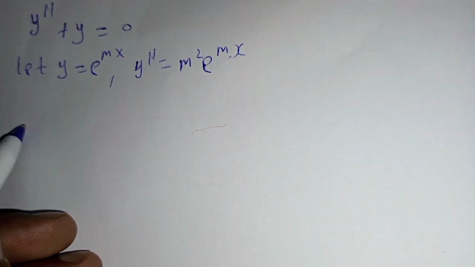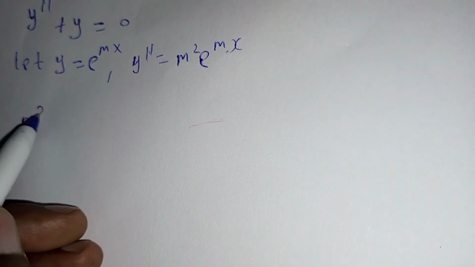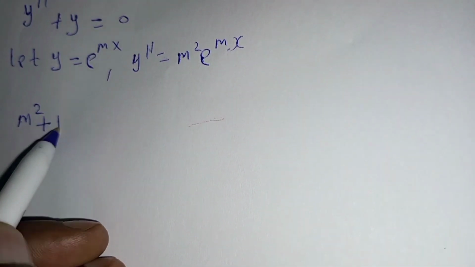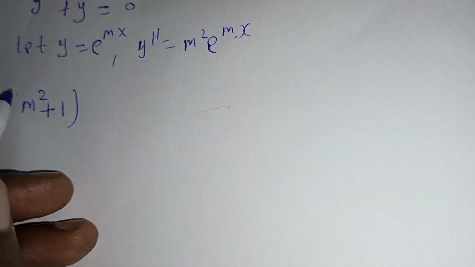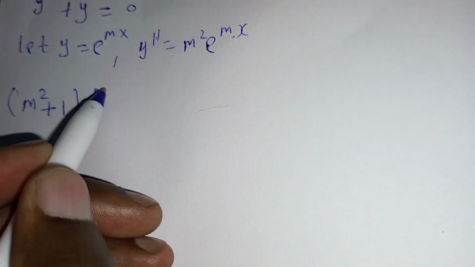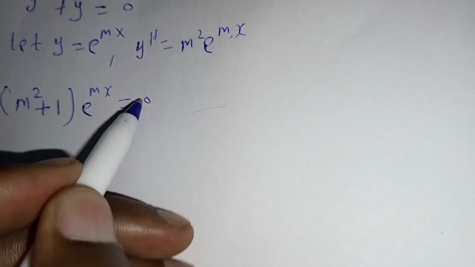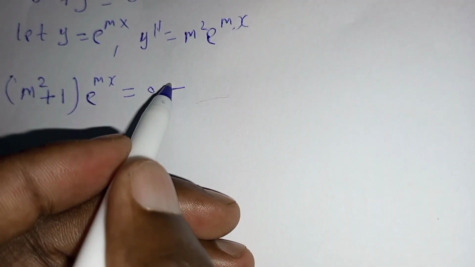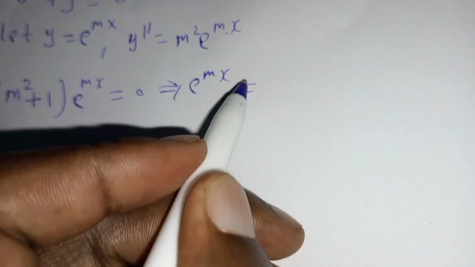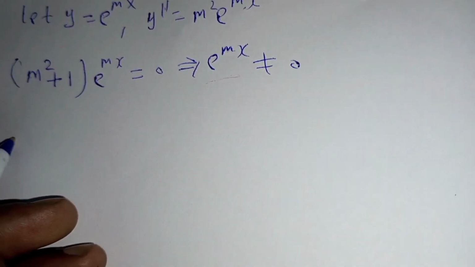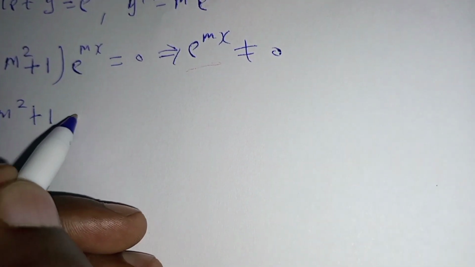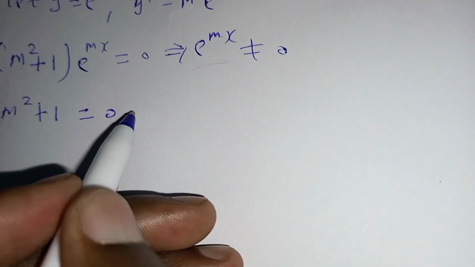Instead of y double prime, we write m squared plus 1 into bracket exponential mx. This is equal to 0. Now, in this case, exponential mx can never be equal to 0, meaning that our m squared plus 1 is the one which is equal to 0.